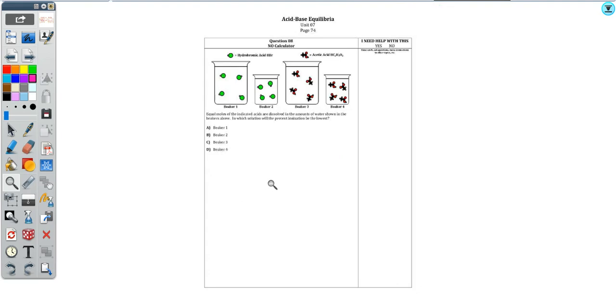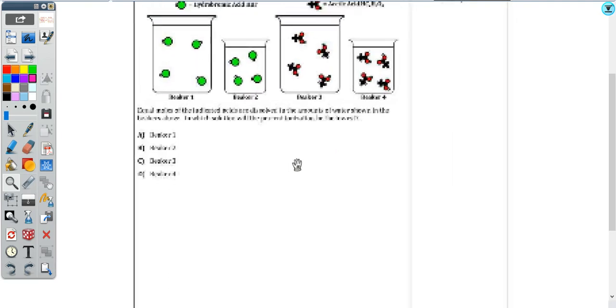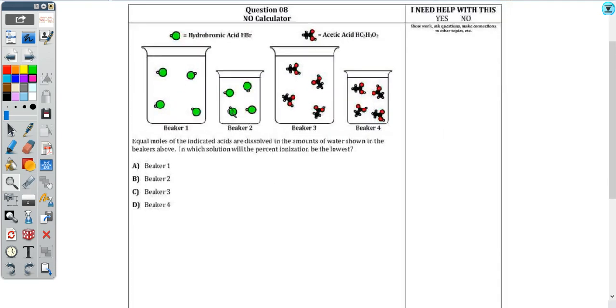Last question for this set is this one here. You're given a set of 4 beakers, each filled with an equal number of moles of acid. And as you try to solve this, we're asked to identify which will have the lowest percent ionization.